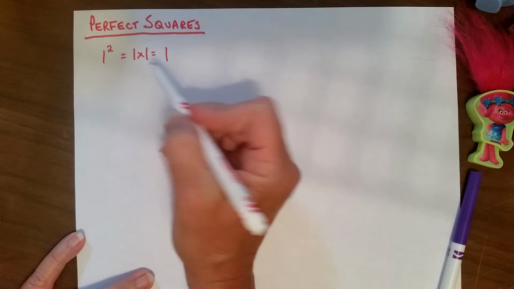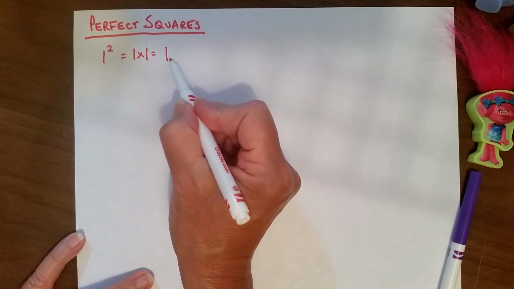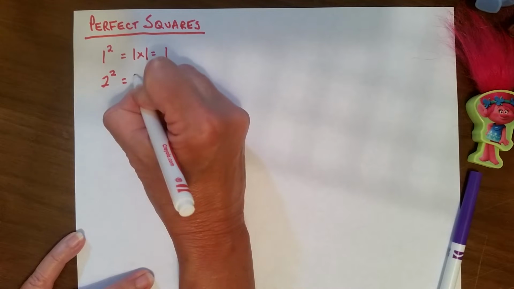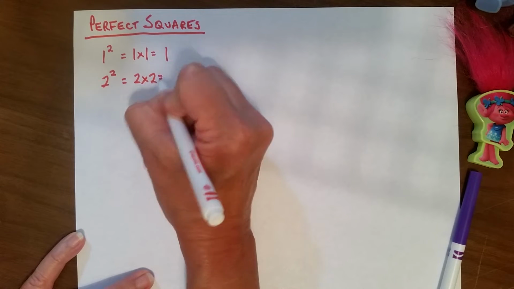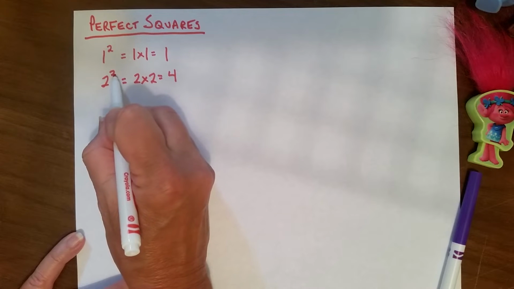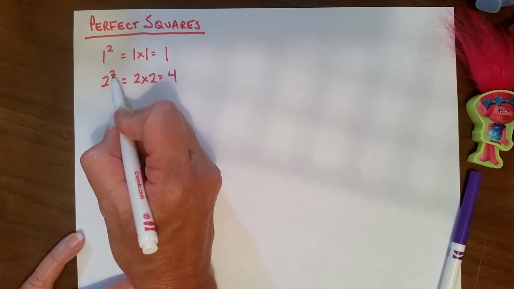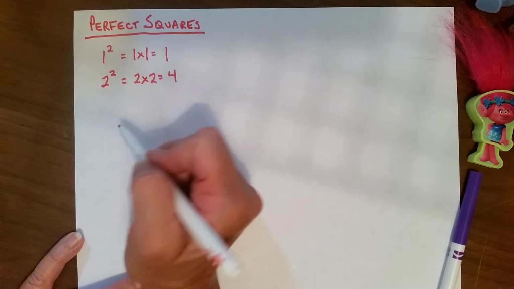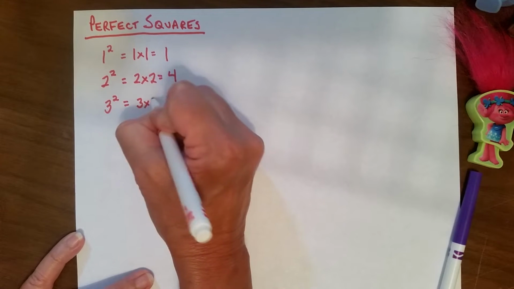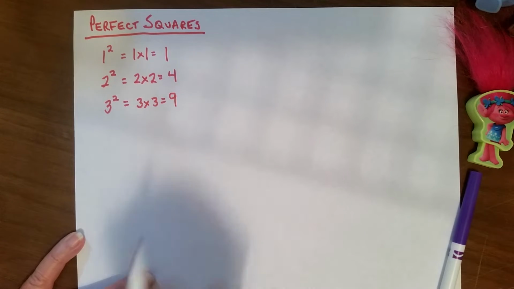So our first perfect square is 1. 2 squared, that's how you write 2 squared, and that means 2 times 2, and 2 times 2 is 4. Okay, this number right up here that's up in the air, that's called an exponent. Okay, 3 squared means 3 times 3, so that's 9.